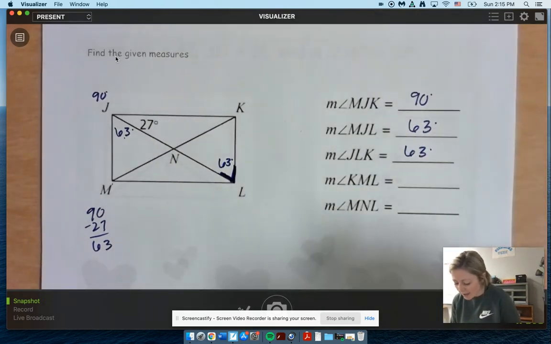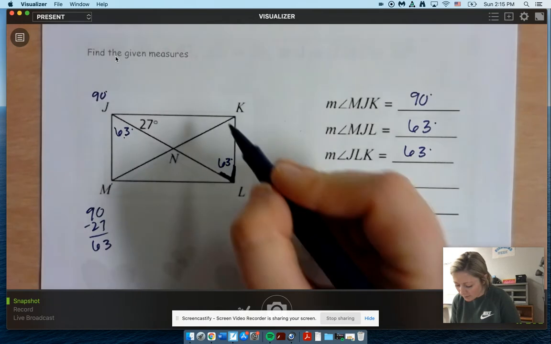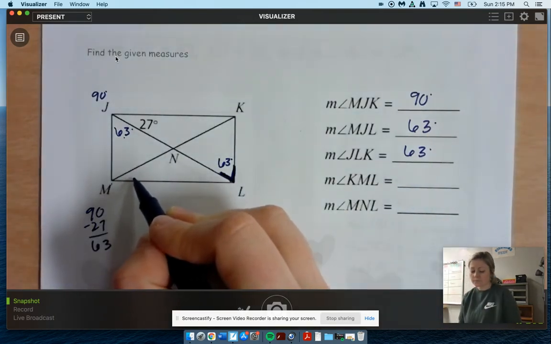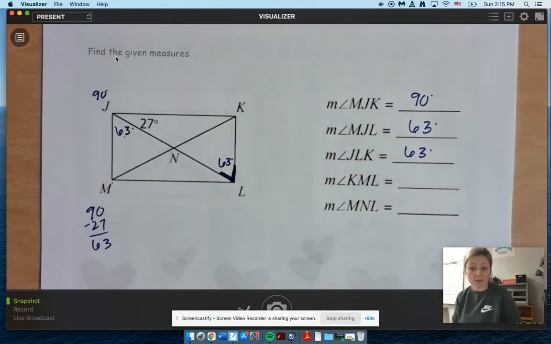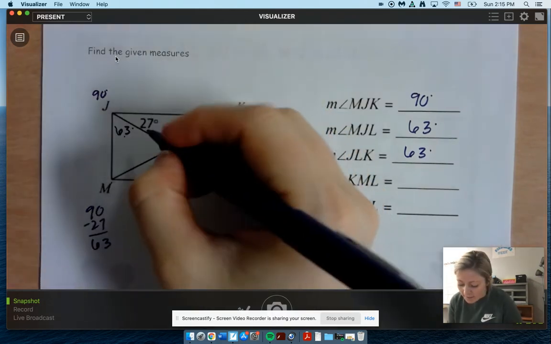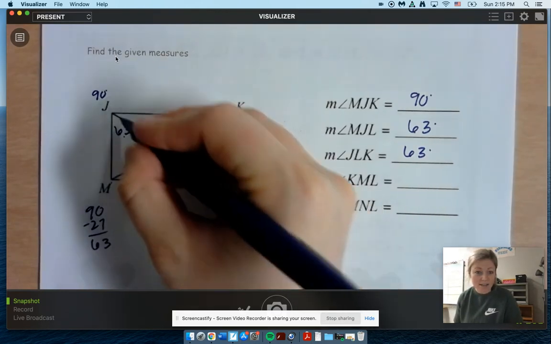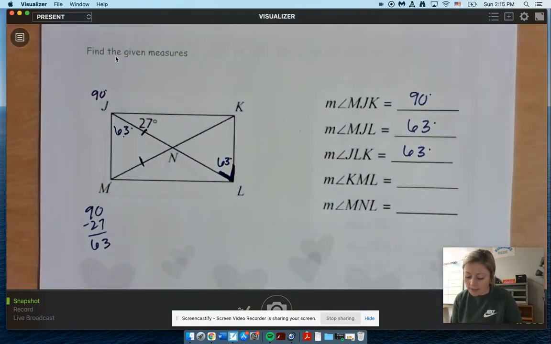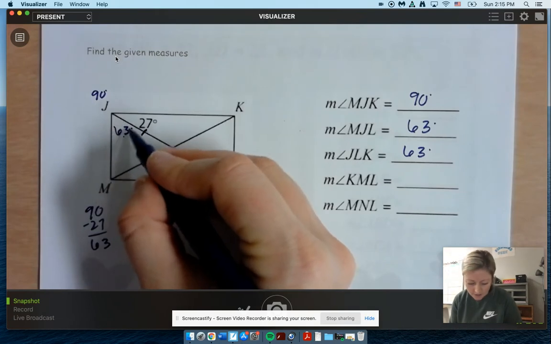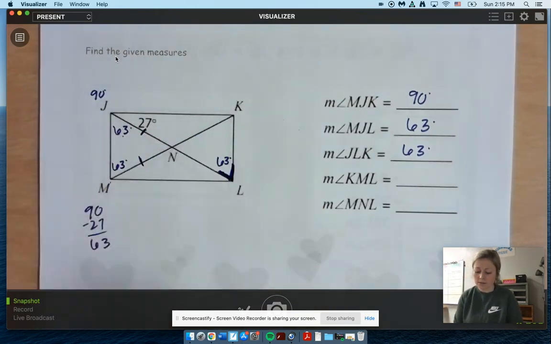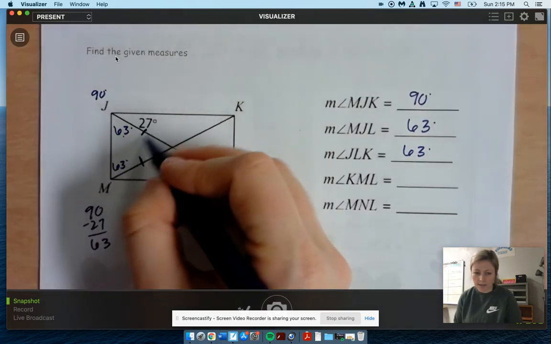Measure of angle KML. This guy right here. So, folks, there's a lot of symmetry now in the rest of the chapter. So you have a lot of things that are equal. Since our diagonals are congruent and we cut them in half, we have a bunch of isosceles triangles in here, meaning if this angle right here is 63, this angle right here is 63 because our base angles are equal because they're across from congruent sides.